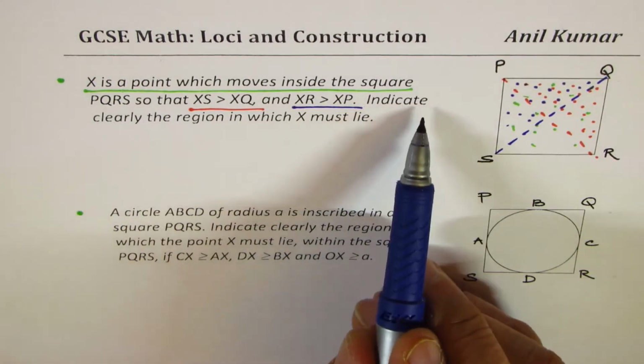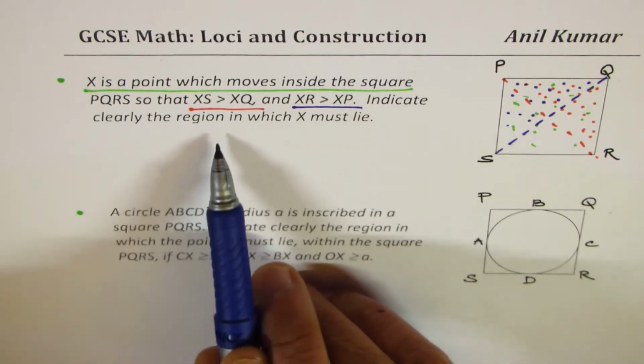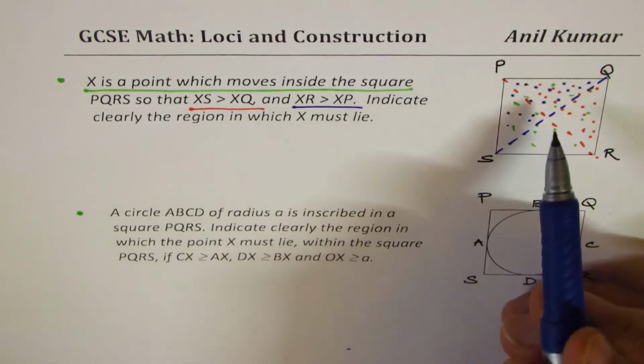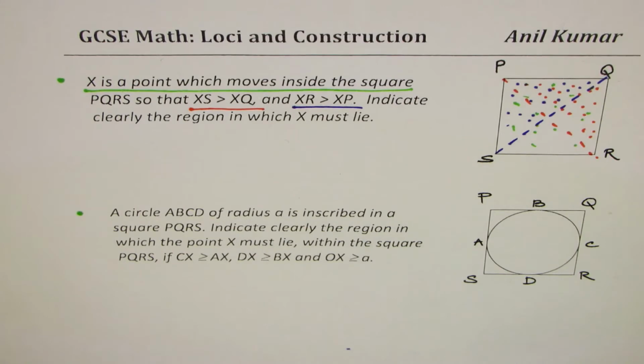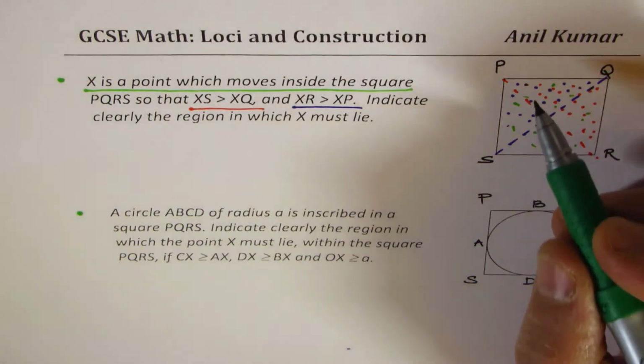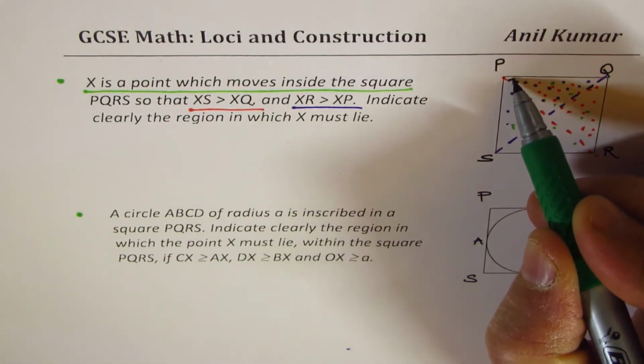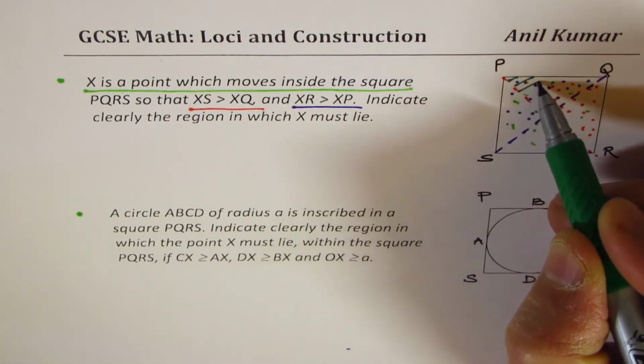Now the question is, indicate clearly the region in which X must lie. So what is common to all we did so far? That is the solution. You get an idea, right? That is how we will be defining our regions. So that will be this region.